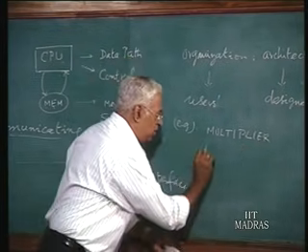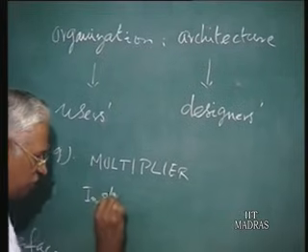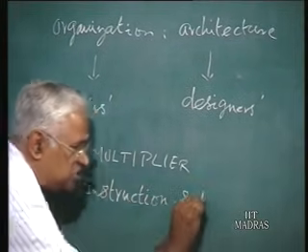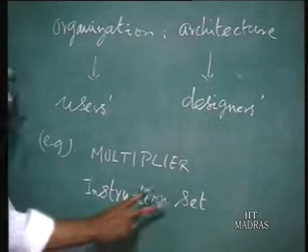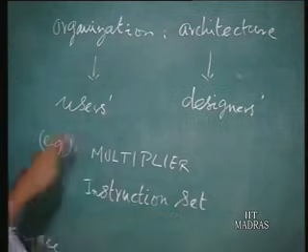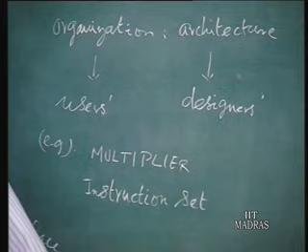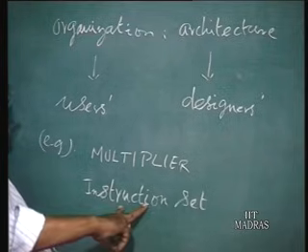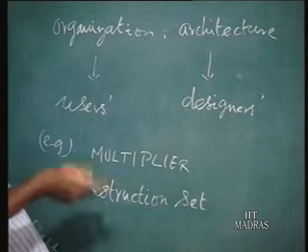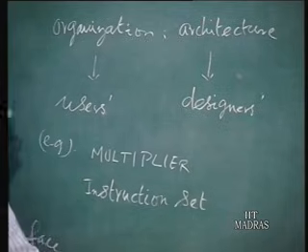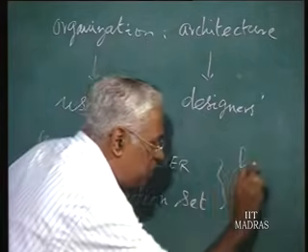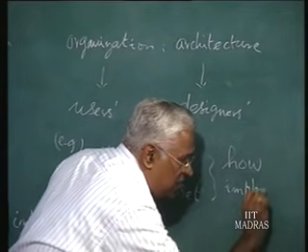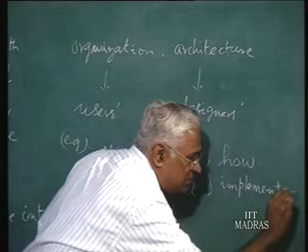The same way, if you take a set of instructions, which we just call instruction set, it is enough if the user knows what exactly is the set of instructions in this particular one. He need not really know how this instruction is implemented, whereas how these things are implemented is in fact the emphasis in the case of architectural studies.